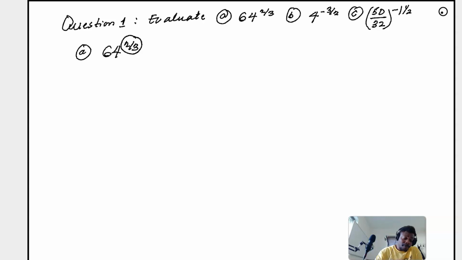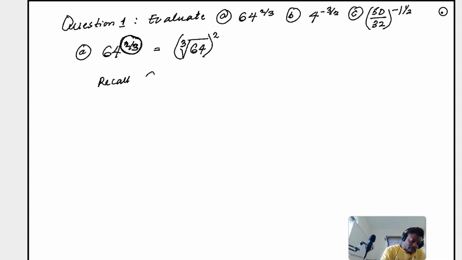So let's continue. According to fractional power, you remember that you have numerator and denominator. Your denominator becomes the root. Our denominator here is 3, so that is the cube root of 64, and your 2 comes outside.